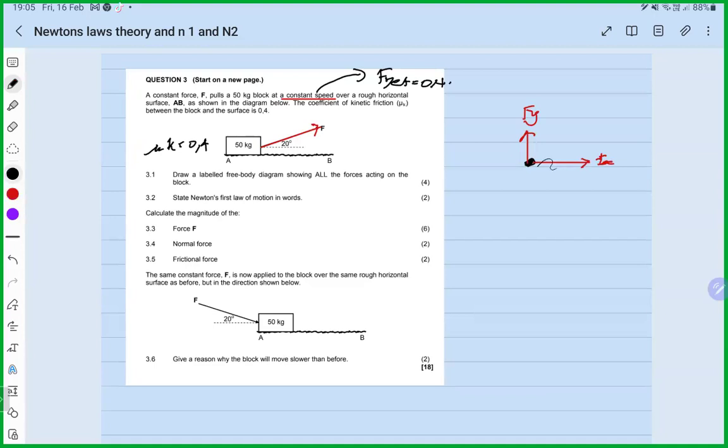Then you're going to have your usual forces acting on it, which is your gravitational force, your normal force, and going backwards here, your kinetic frictional force.